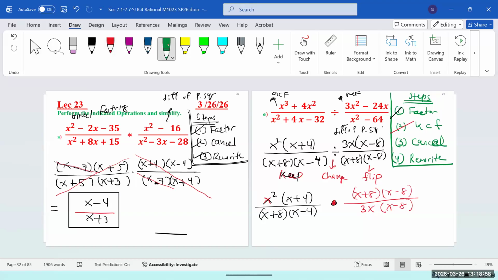Now, who would like to cancel? Nicholas. X minus 8. X plus 8, x plus 8. How about this x and this x squared?